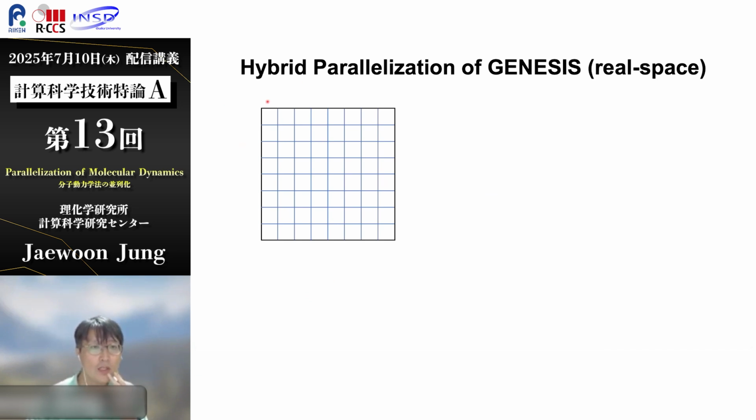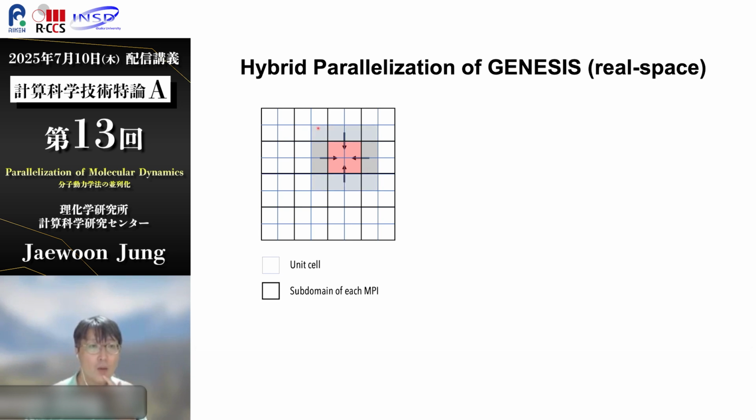For all the MD simulation space, we make a unit domain named cell according to the threshold value. And then we assign the same number of cells to each MPI. And for the data in this MPI, we communicate with the neighboring domains only for the neighboring cells in this direction.